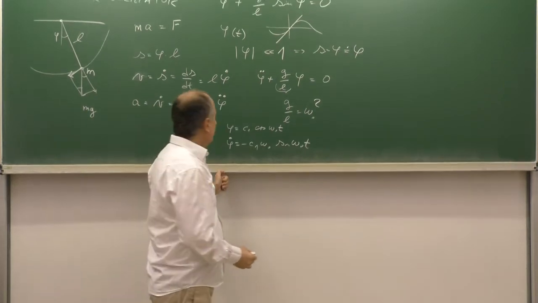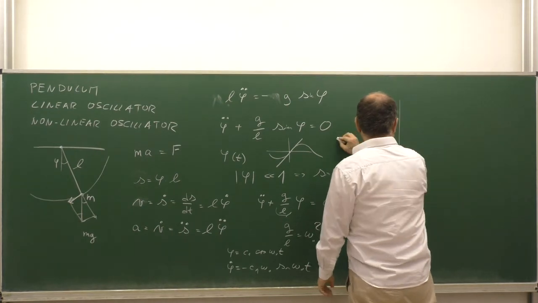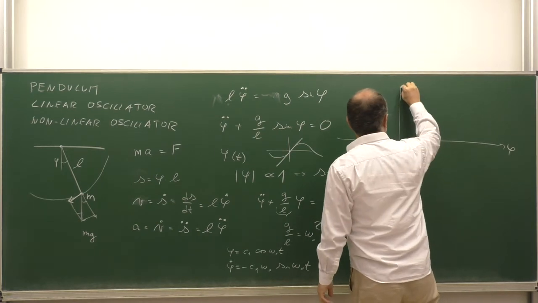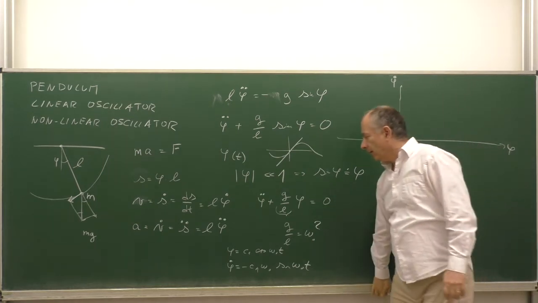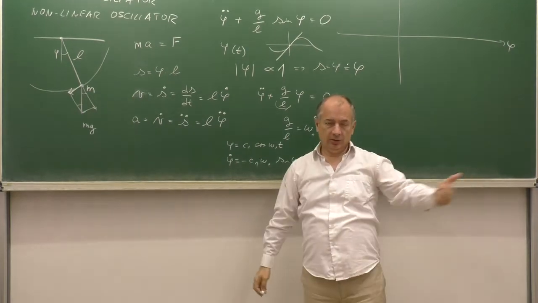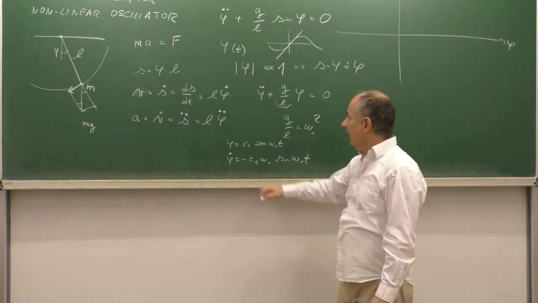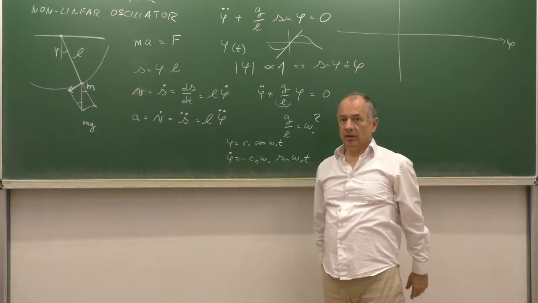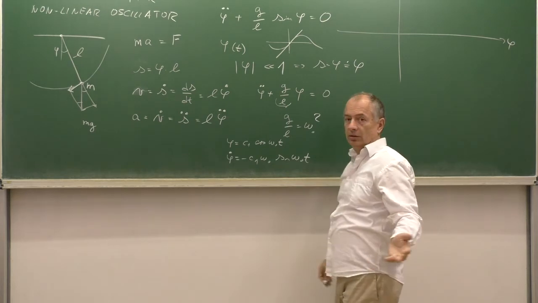So if we sketch the situation in the plane where we plot phi and phi derivative, phi plotted along the horizontal axis is some kind of x, and phi derivative plotted along the vertical axis, y coordinate, cosine t, sine t.